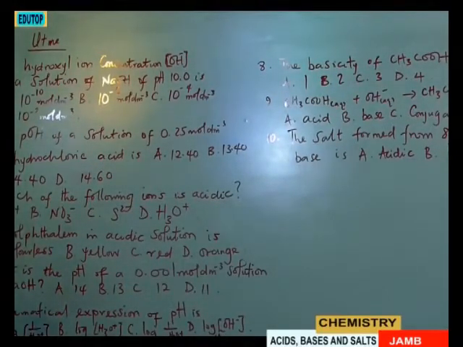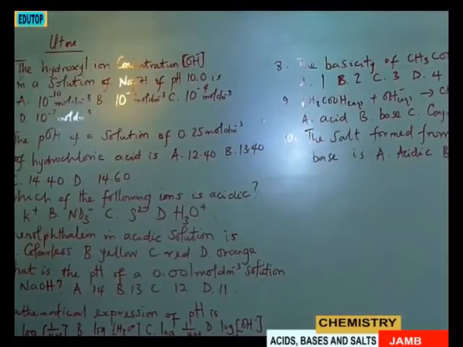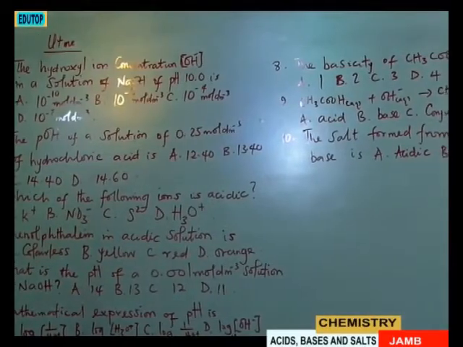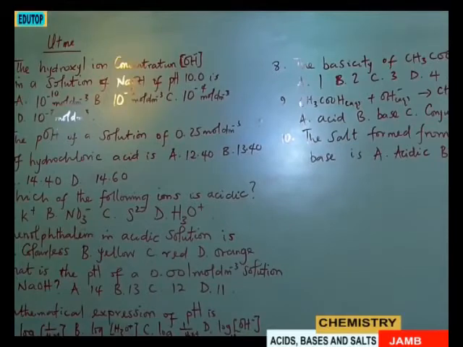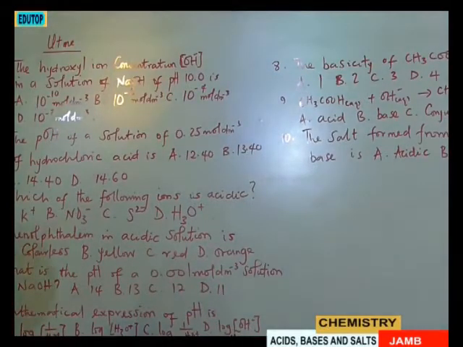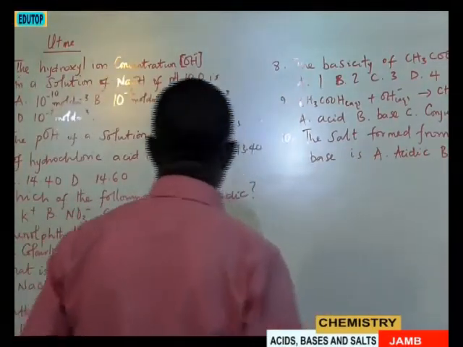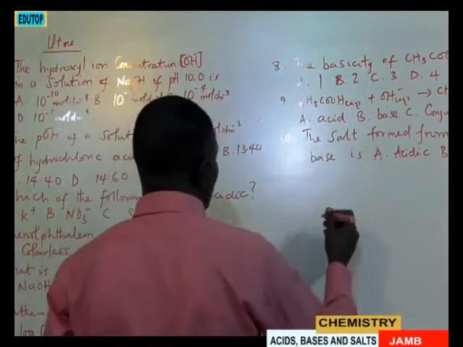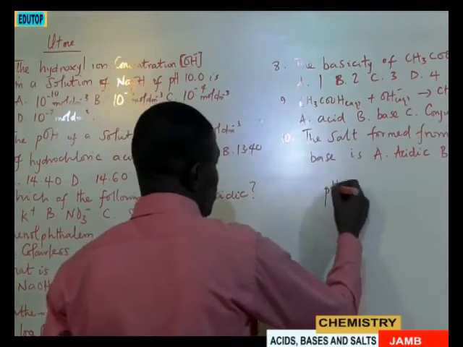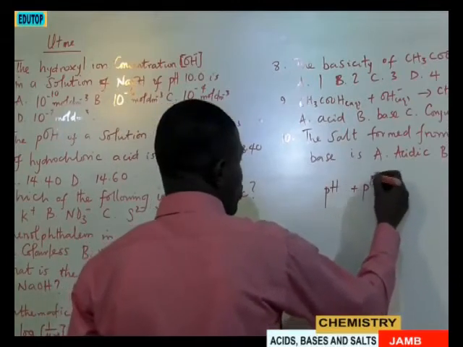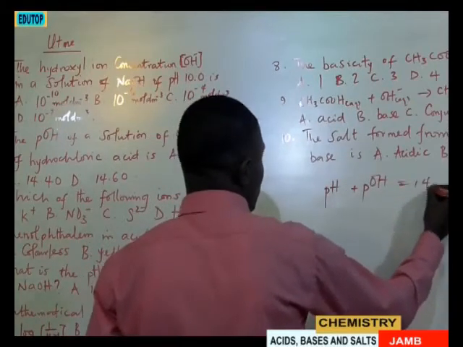The first question is: the hydroxyl ion concentration in a solution of sodium hydroxide of pH 10. So the question asks us to calculate the hydroxyl ion concentration. And we know that pH plus pOH is equal to 14.